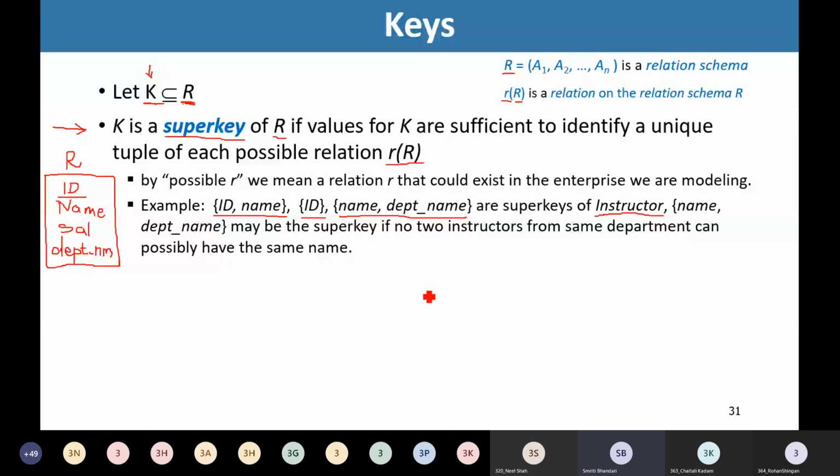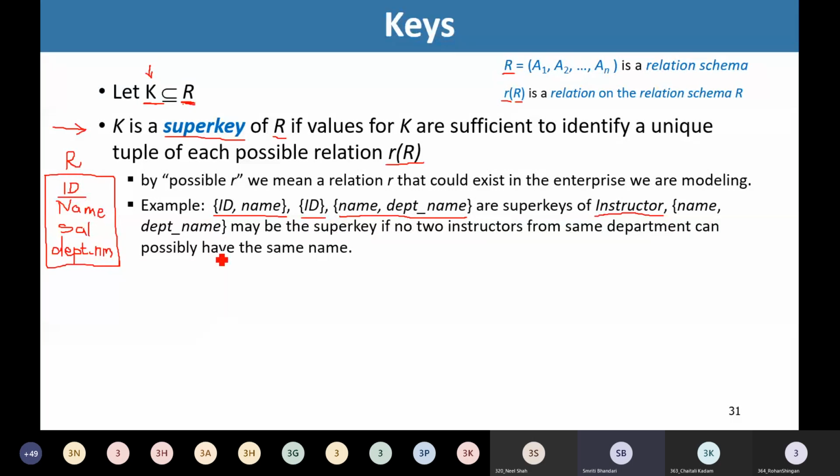So if I consider ID name, this set of attributes, then two tuples can be distinguished with the help of these attributes. Even if I consider only ID, then it is also possible for me to distinguish two instructors, because every instructor is provided with a different ID.